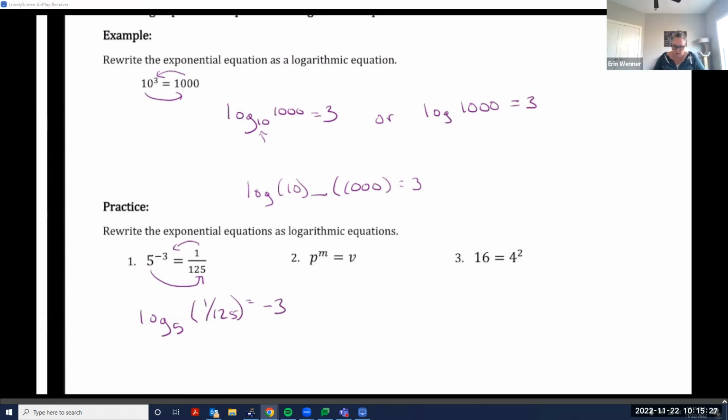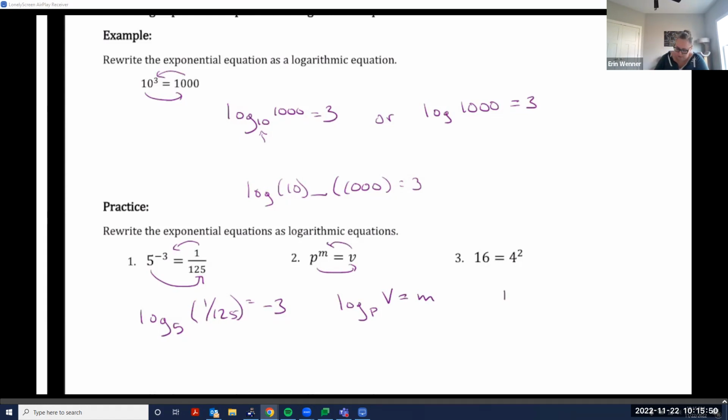So we would do log base P of V equals M. Now, like above, we have the values swapped because we want to practice. What does it mean when we're doing this? We're always moving away from the base. So what I'm talking about is that we have 16 equals 4 squared, completely true.